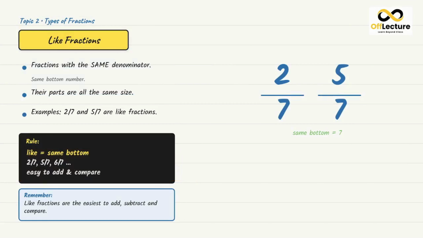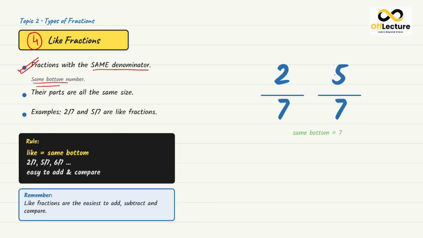Now we will move to the next concept, which is like fractions. Like fractions are those with the same denominator, that is, the bottom number is the same. Fractions where the denominator, or the bottom number, is the same are known as like fractions. Like 2 by 7 or 5 by 7.